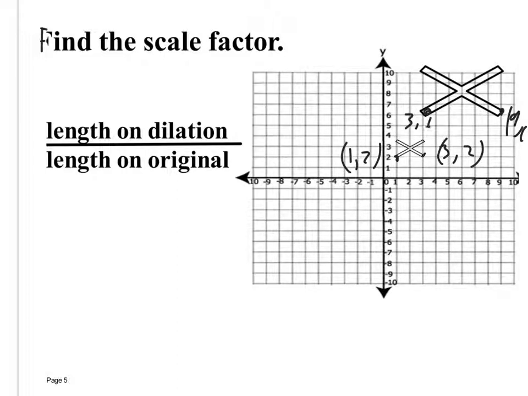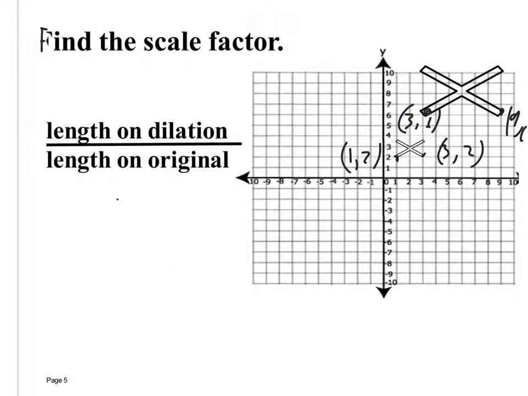When we're taking the length, it just means I'm subtracting the x-coordinates. So if I took the dilation, which is the larger one, what are the x-coordinates? To find length, all you need is x. 9 and 3.